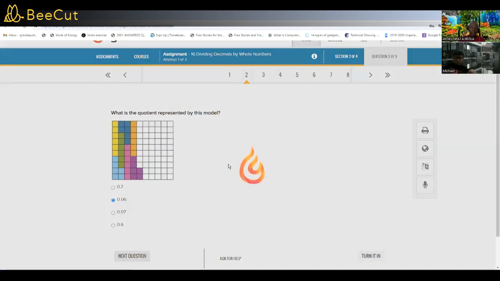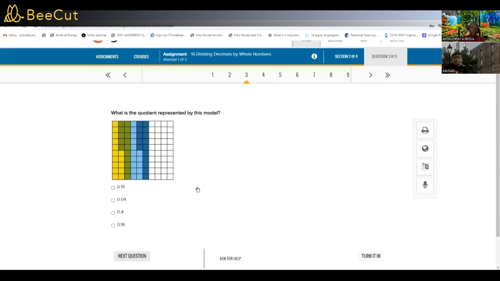Okay. Now, the next one. What is the quotient of this? Try this. Just count how many yellows there are, or how many green, or how many light blue, or how many dark blue. So the number in each of the shaded portions will give you the answer. So count it.